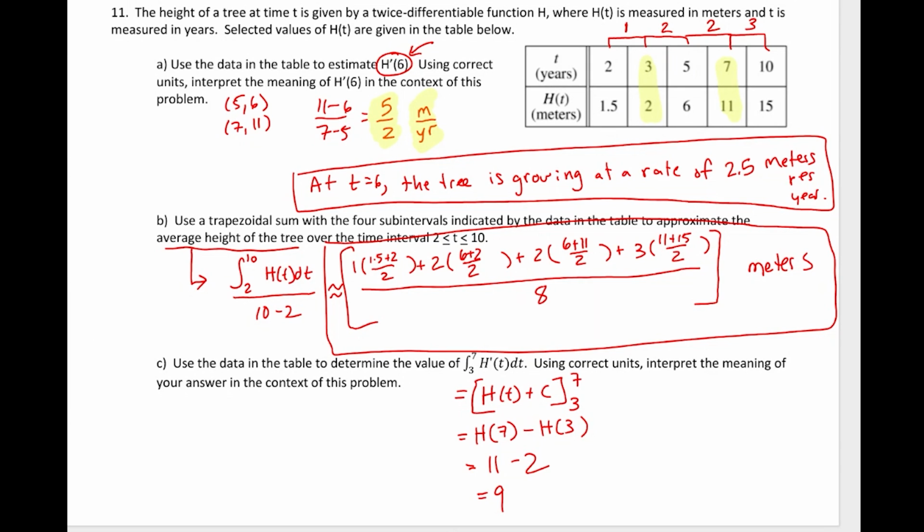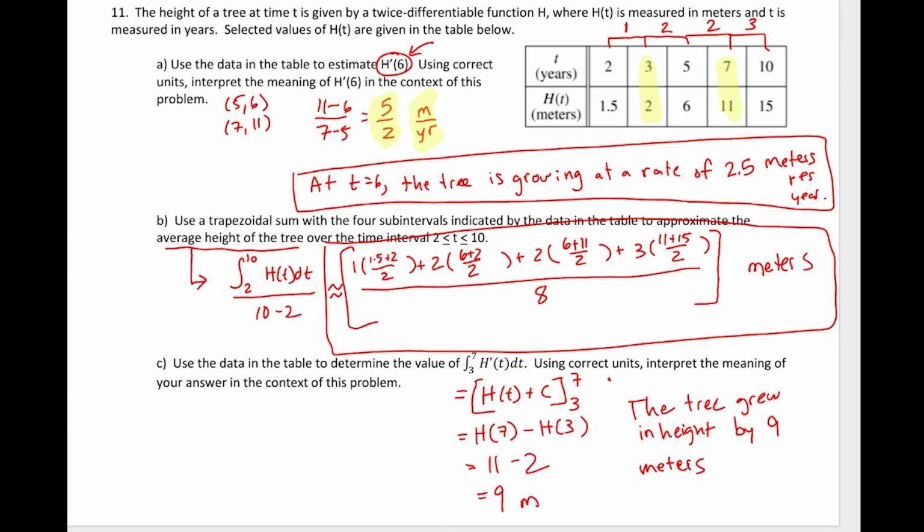Okay, so we want the units and we want to explain the meaning. So 9 represents the number of meters. Okay, so it's 9 meters. That's like sort of the first part of the question. And then the explanation, we can say something like, and again, put this in your own words. It does not have to be word for word. We just want to basically explain what the numbers mean. So the tree grew in height by 9 meters.